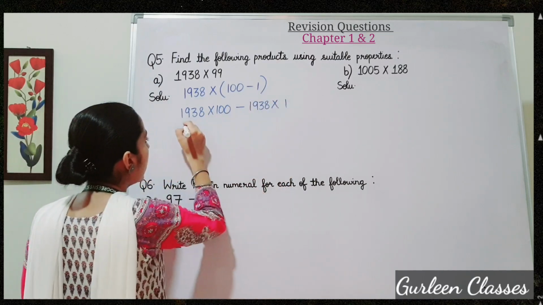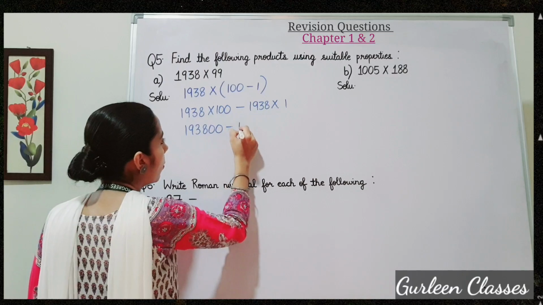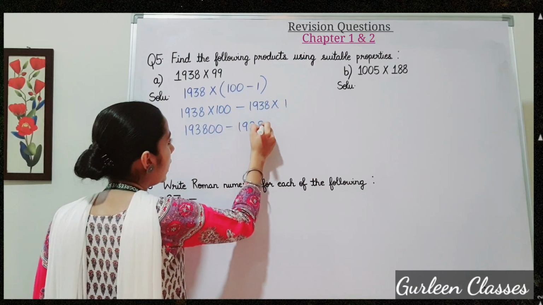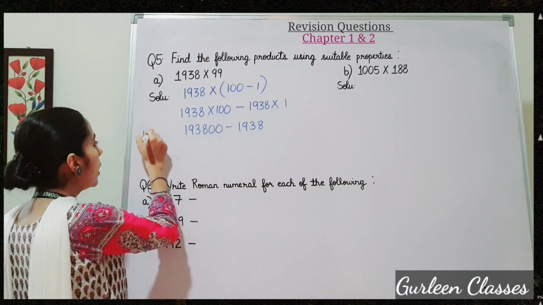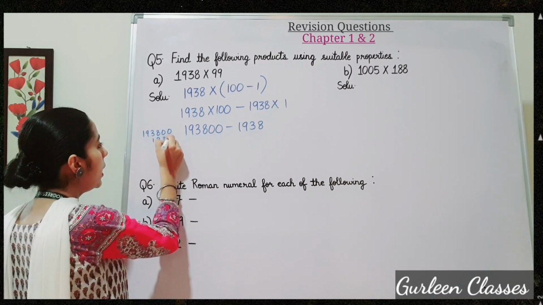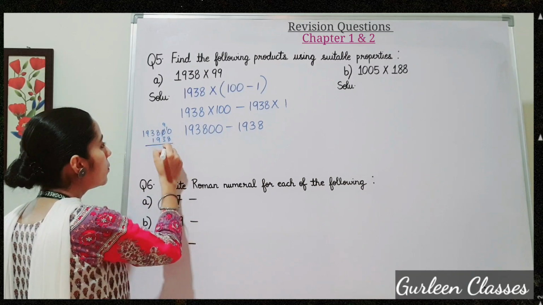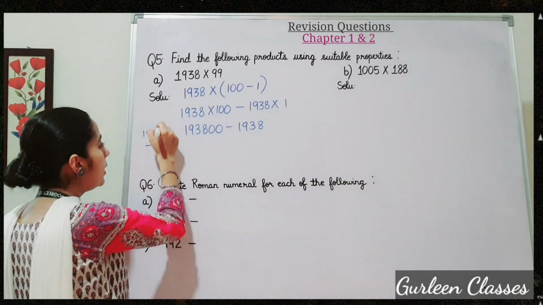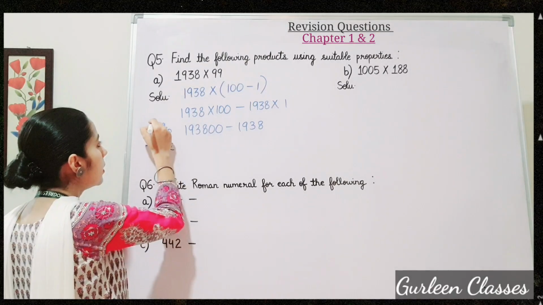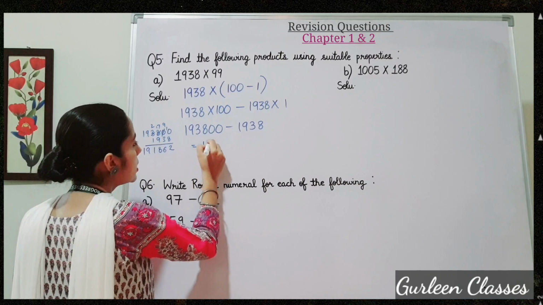So now multiply, 193,800 minus 1938. So let us subtract 193800 minus 1938. 10 minus 8 2. 9 minus 3 6. 17 minus 9 8. 2 minus 1 1. 9 and 1.